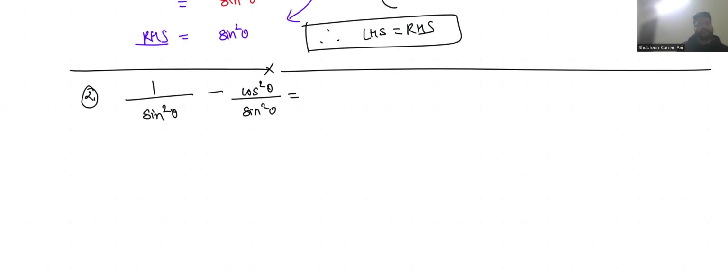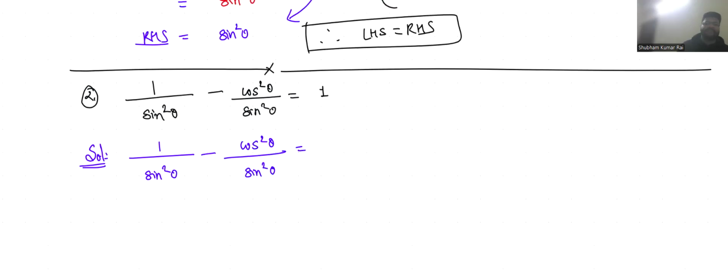So first we write the question given, that is the solution: 1 by sine square theta minus cos square theta upon sine square theta is equal to 1.